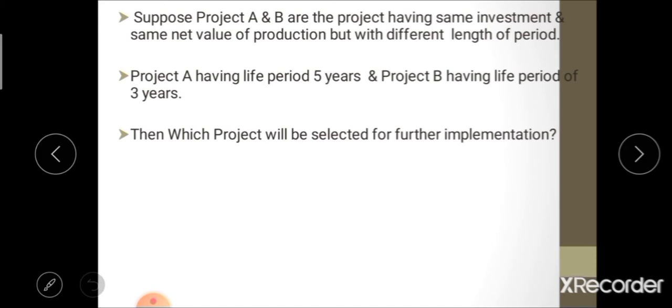Project A will be selected for further implementation because the life or length of period of project A is 5 years, which is greater than project B. This is the ranking by inspection method. In this method, the project will be selected on the basis of longer length of period.